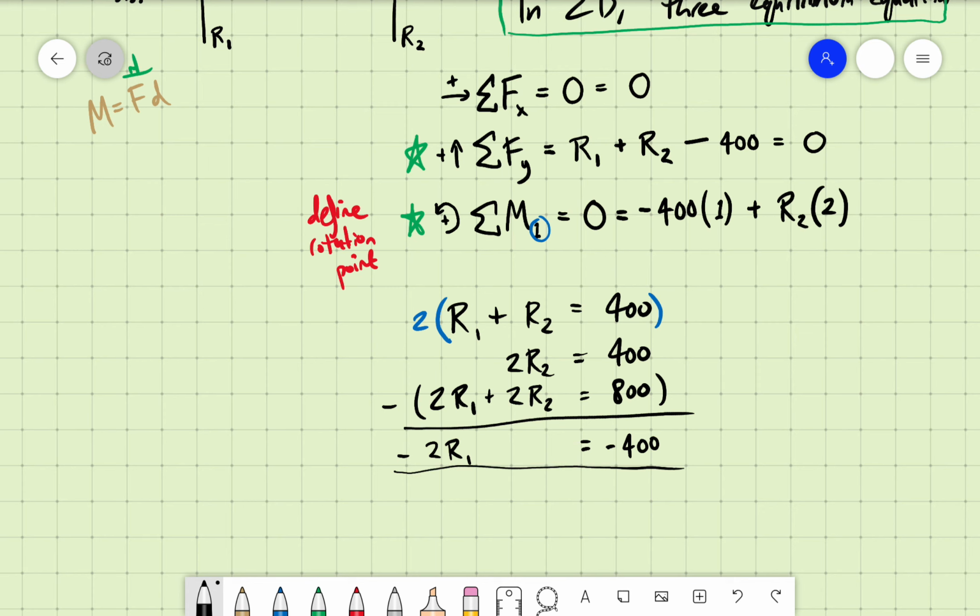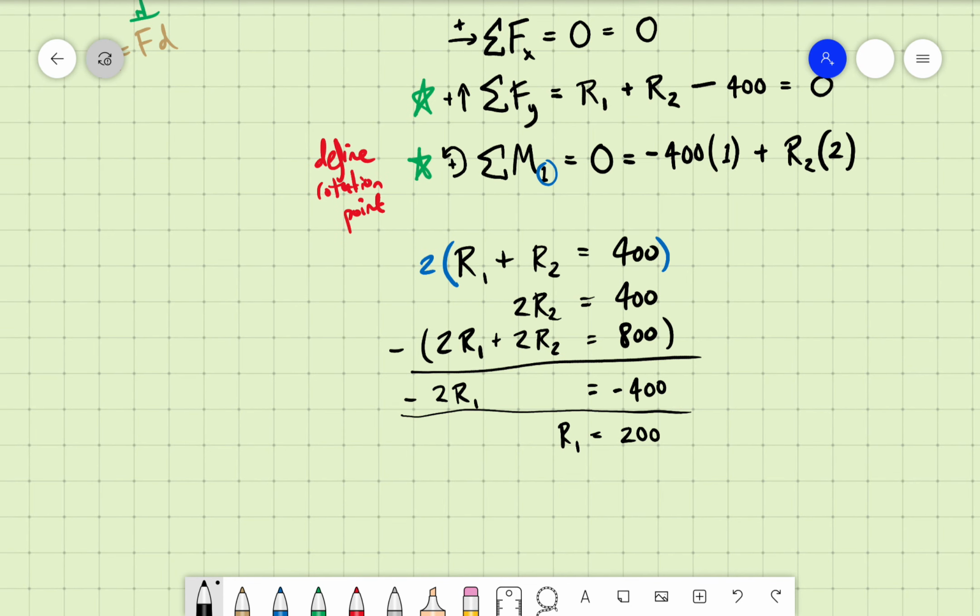And then I keep the working going. I would divide by negative 2, and that would leave me with positive 200. R1 has been solved. And then from there, I use that answer and re-substitute that into maybe this original equation right here.